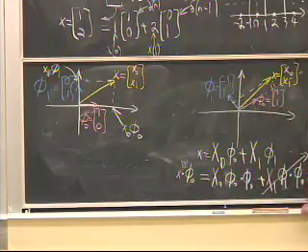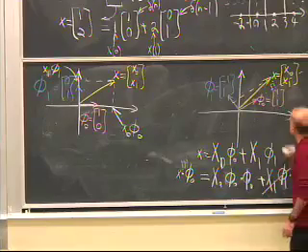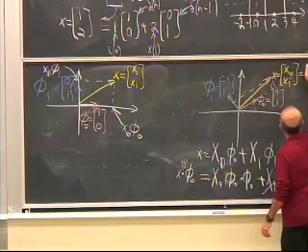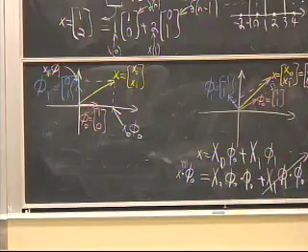I'll go here. Let's put in concrete numbers here. So let's say my vector x is 3, 5.